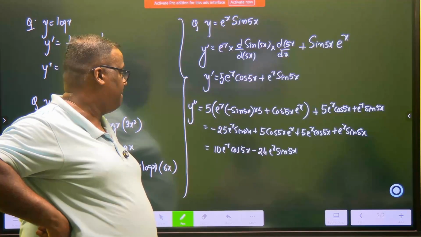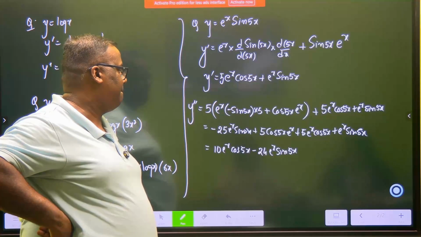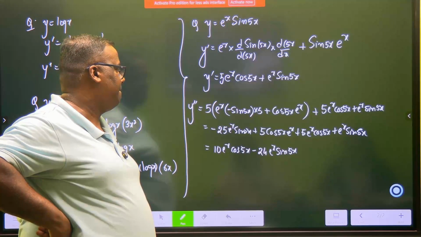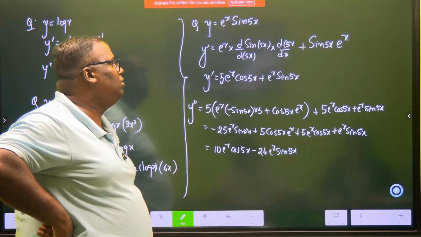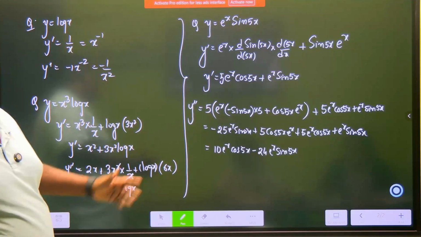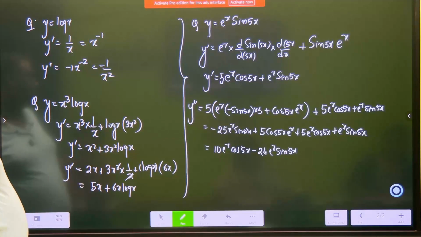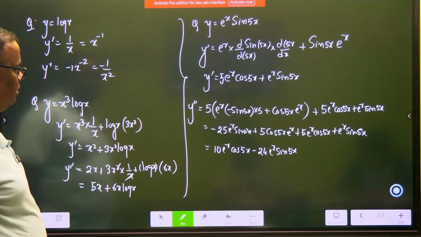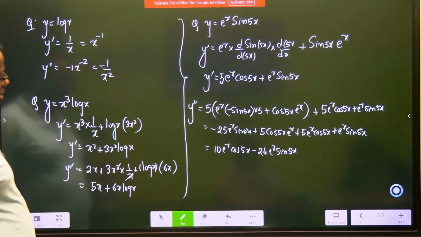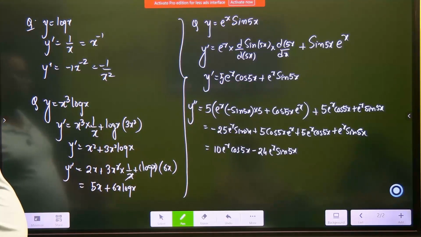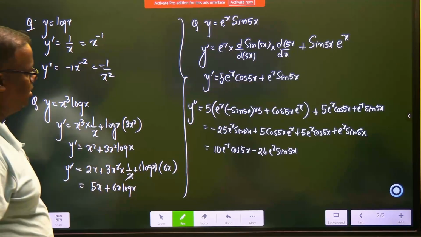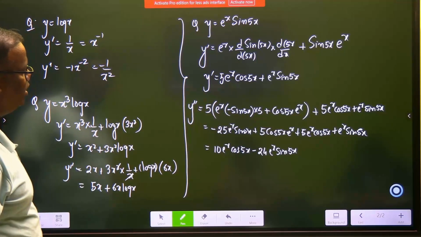2 e to the power x whole, minus 12 sine 5x.